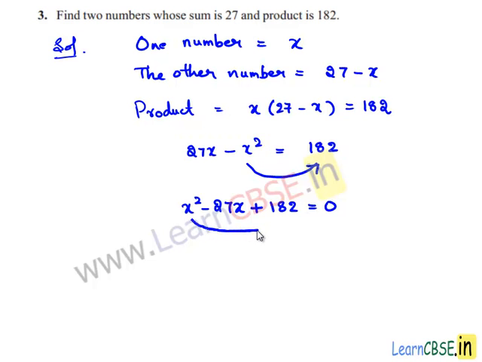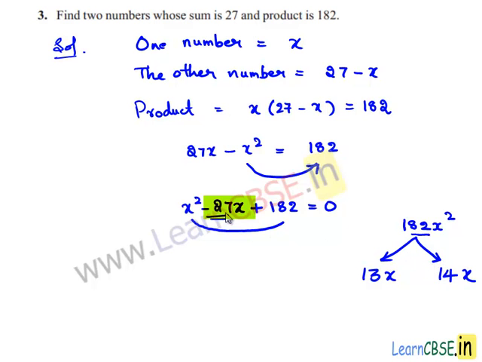The product of first and last terms is 182x square. So we need two terms such that their product must be equal to 182x square and their sum must be equal to minus 27x. Let us take 13x and 14x. So 13x multiplied by 14x is 182x square. 13x plus 14x will be 27x.